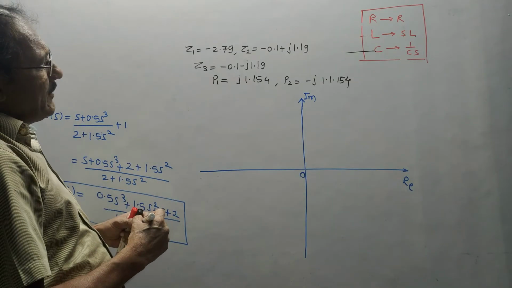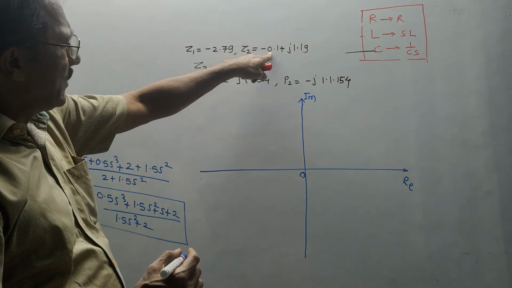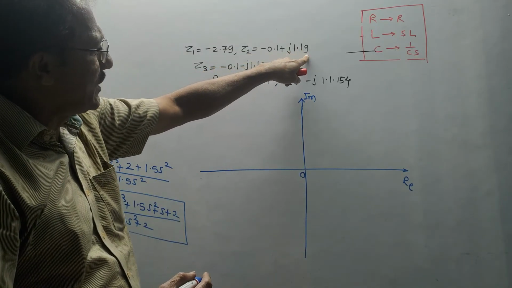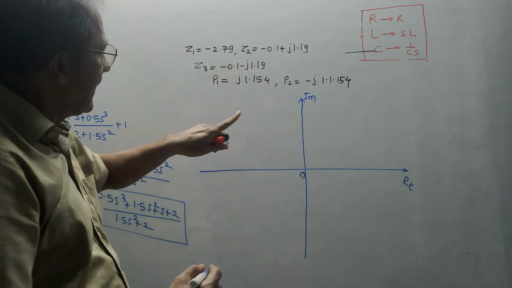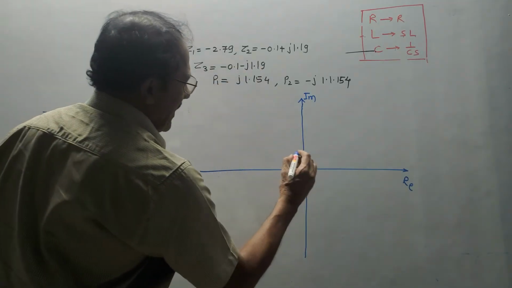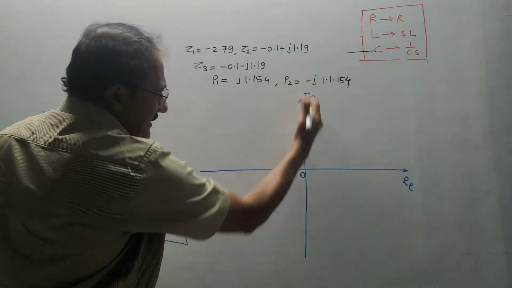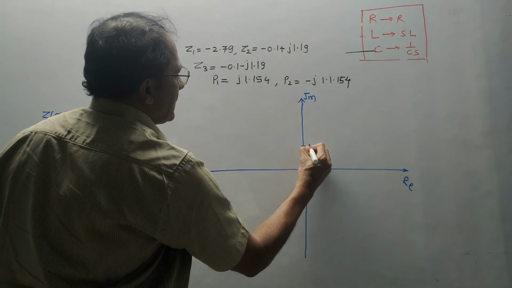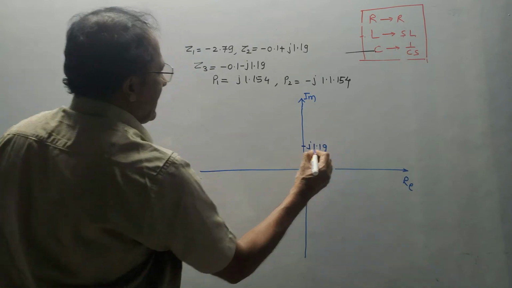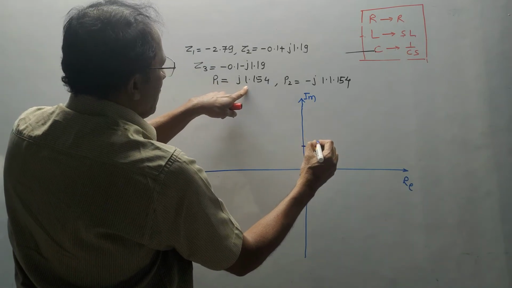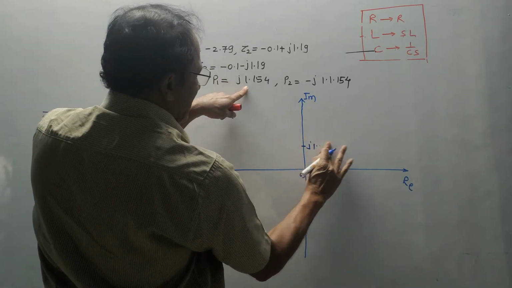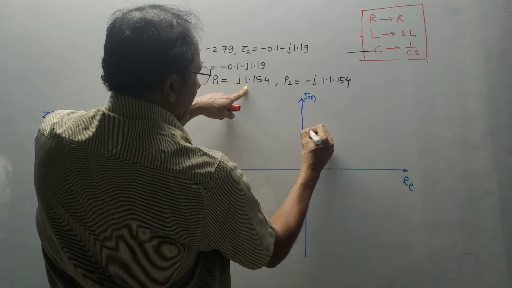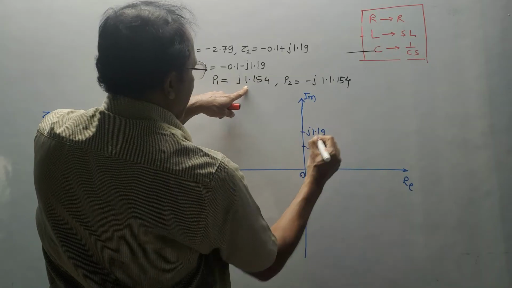Before starting, I will mark a few values. Look at the values. One is minus 0.1, this is the real part, and J, the imaginary part, is plus 1.19 and minus 1.19. To make the thing simple, first I will mark some points. See, this is the origin, this is the imaginary axis. So somewhere here, I will get plus J 1.19 and another value of J is 1.154. So let us say this value is 1.154 and another value is J 1.19.